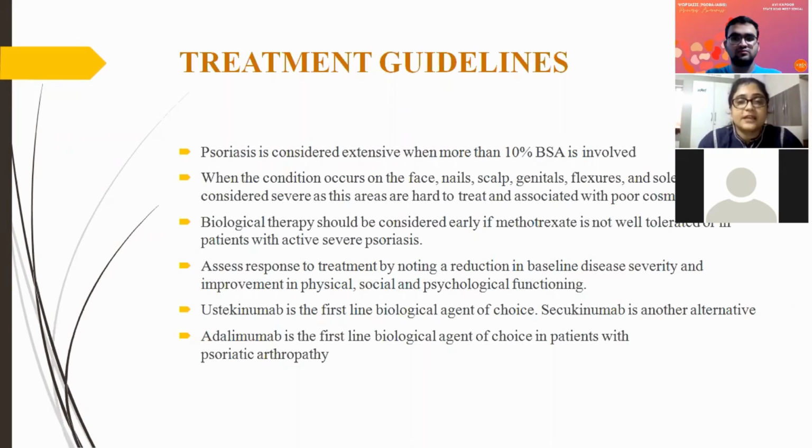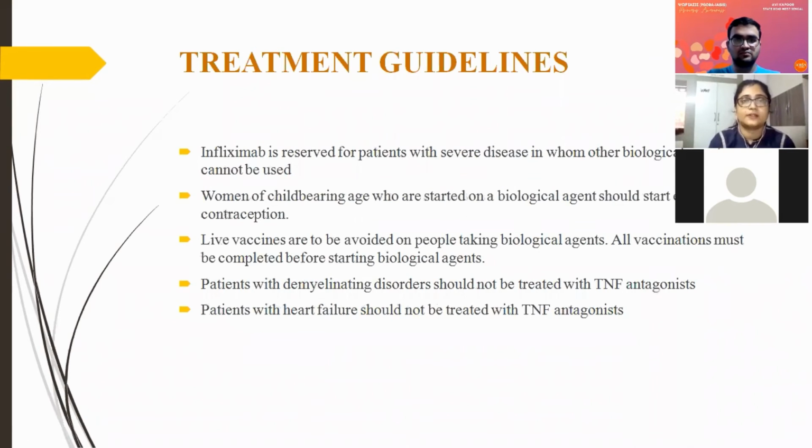Adalimumab is the first line biological agent of choice in patients with arthropathy who have joint involvement. Infliximab is reserved for patients with severe disease when the other biological agents are not working.